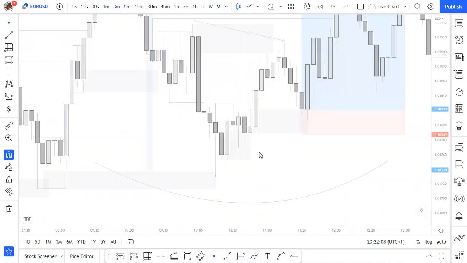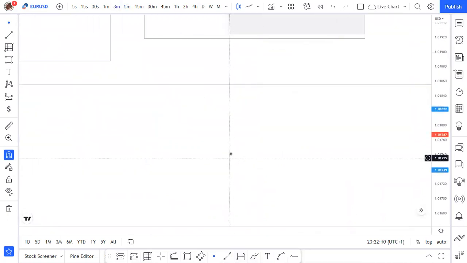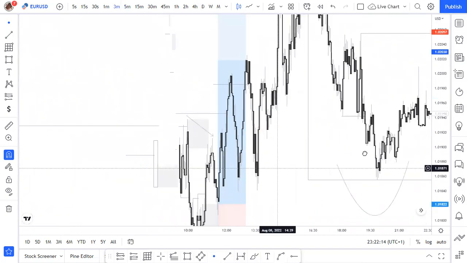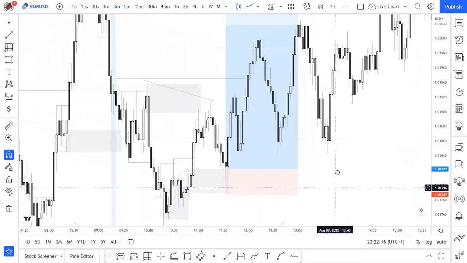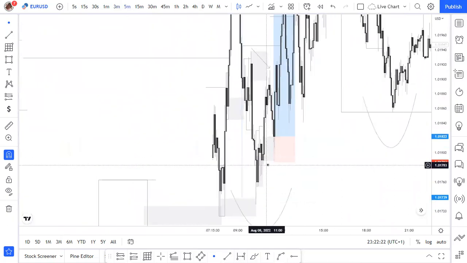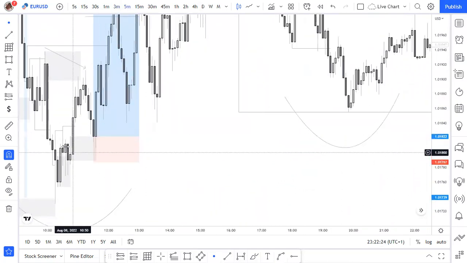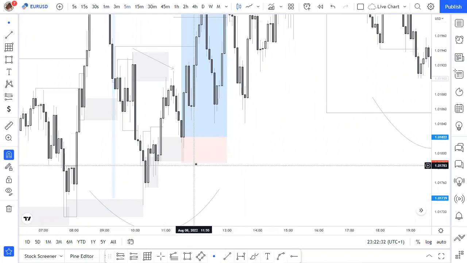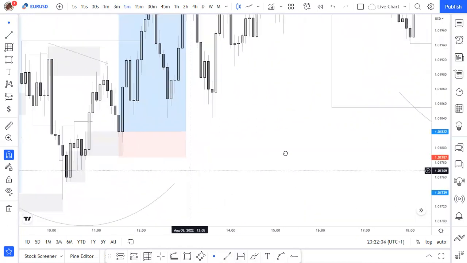I don't think it's clear on the trend, but I used the 5 minute buy to sell wick as my actual entry. So I just use it, and that's why I set my entry and my stop always below this low.